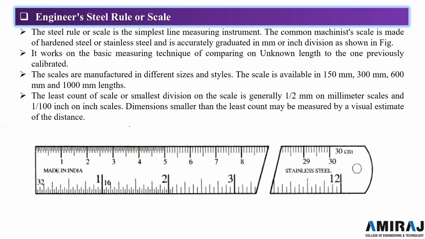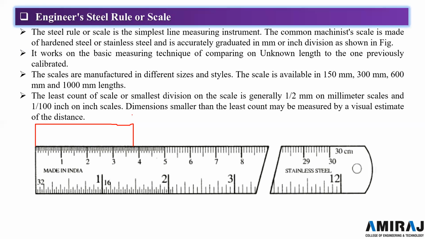Suppose there is one object and we have to measure the length of this object. We will align it and check the length of the object. Suppose we first place one edge of the object here and another edge over here. How are we supposed to check? With the ruler mark line, and we will check the length.